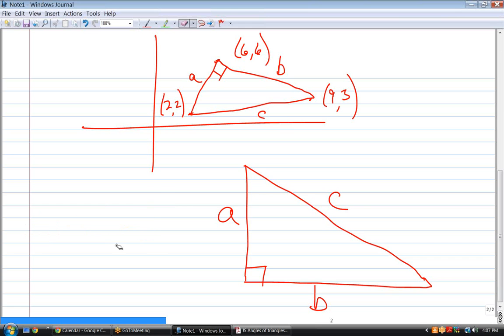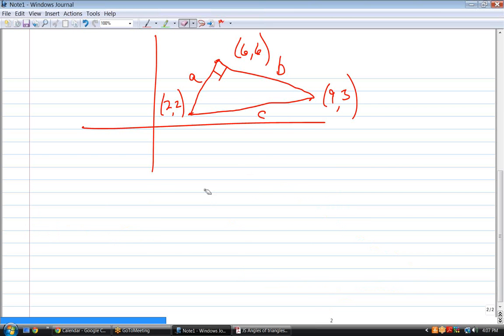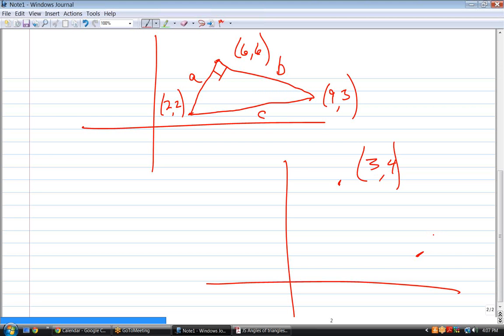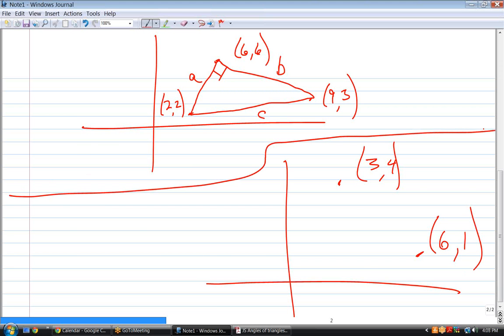Well, if you consider the distance between any 2 points, let's take 2 points right there. We'll call that 3, 4, and we'll call this 6, 1. Different problem, totally independent from the one we're looking at. If I want the distance between those 2 points, notice that that is the hypotenuse of a right triangle.